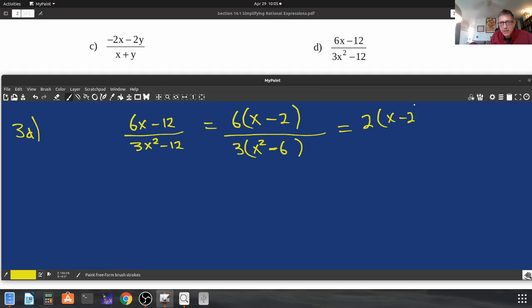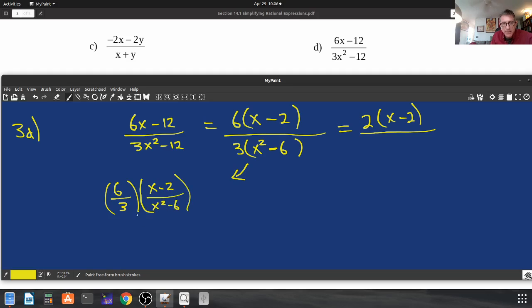And we're not hardly done because, just as a reminder, this rational expression right here is the same as 6/3 by fraction multiplication times x minus 2 over x squared minus 6.